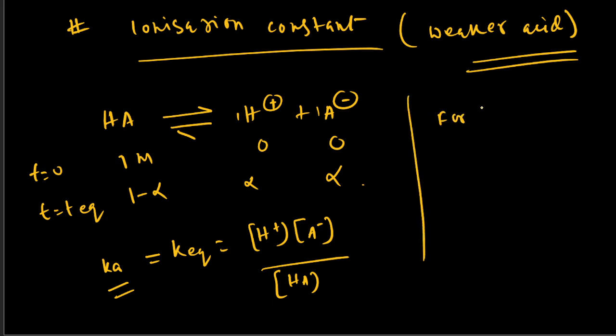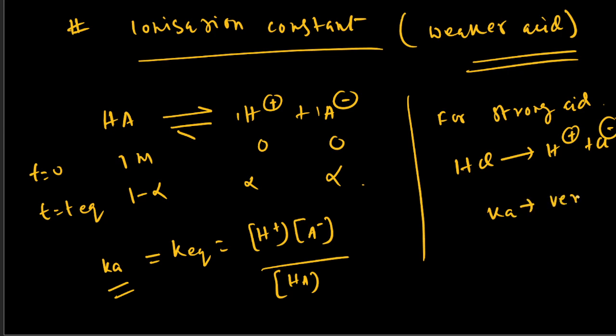For a strong acid like HCl, it is completely ionized to H plus and Cl minus, so here the dissociation constant Ka is very, very large. That's why we generally do not talk about strong acids, because Ka will come as a very large value since the acid is completely ionized. So for weak electrolytes, Ka equals the concentration of products by the concentration of reactants.